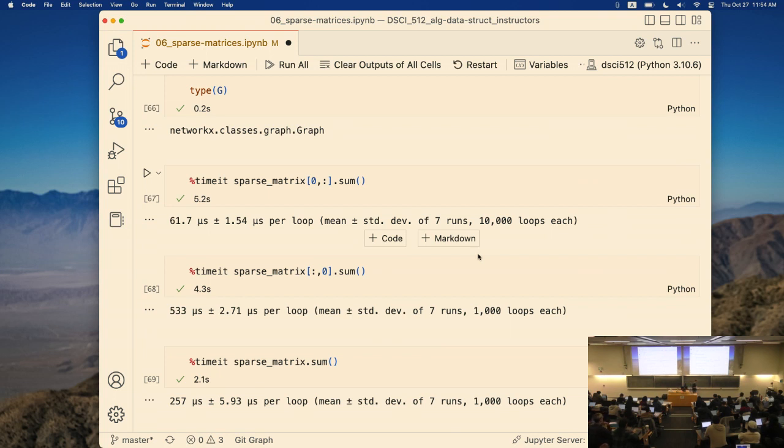Why is that? This is now a sparse matrix. It's not a NumPy matrix anymore. Why does that happen? This should have something to do with the way that it's stored, right? The way that the graph is stored. What do you think is the reason?